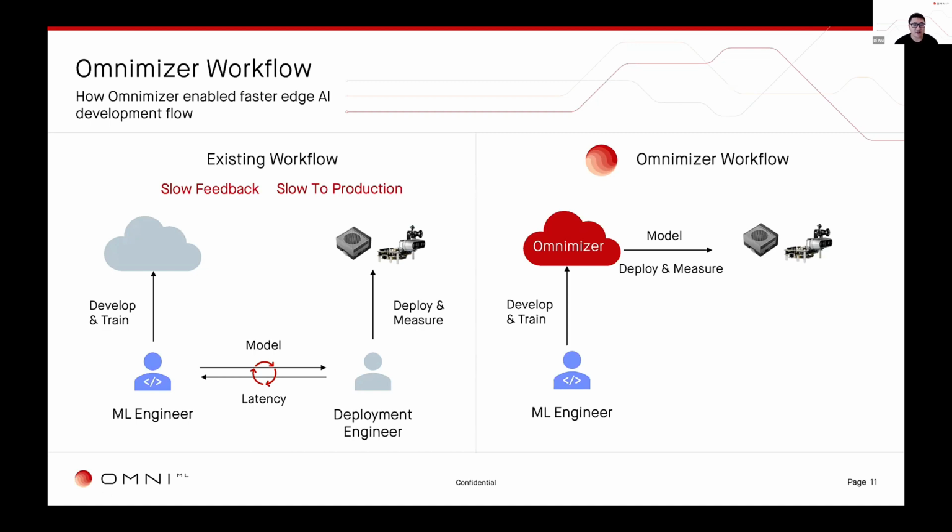Then the ML engineer can just do their iterations in their training environment, PyTorch, GPU, with additional feedback coming from the edge hardware, without involving a deployment team, without involving slow feedback. And Omnimizer takes care of quantization and the deployment process, leveraging all the existing vendor SDKs such as SNPE from Qualcomm and TensorRT from NVIDIA.